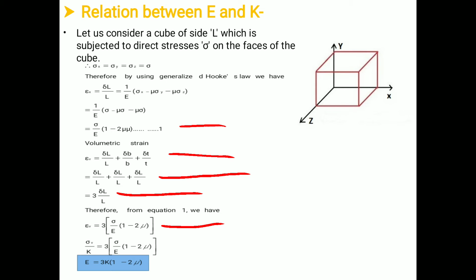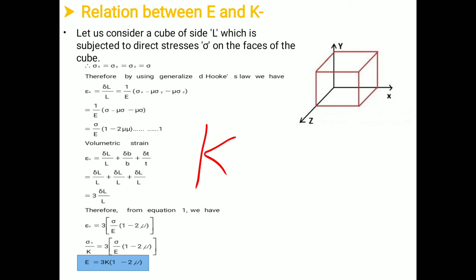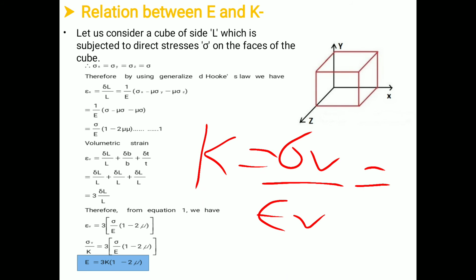We have bulk modulus k equal to direct stress sigma v upon epsilon v, or sigma only upon epsilon v.